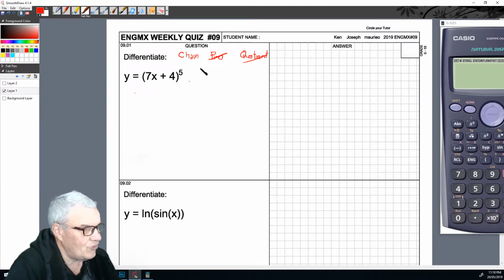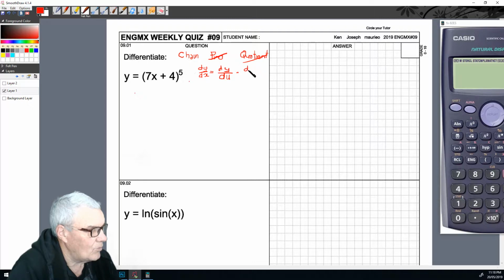And the chain rule says that dy by dx equals dy by du times du by dx.